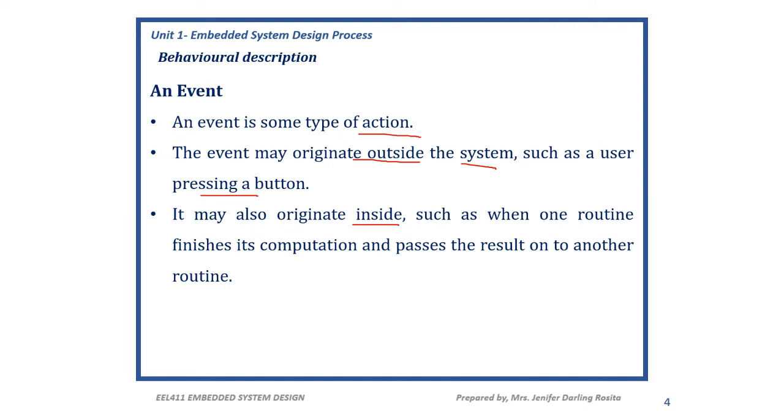After checking some kind of criteria for the first event, the microcontroller has a set of program codes to run the second event. After it completes the first event, it is going to check for the second event, right? So this happens when the event is running inside the design, which is unknown to the human being. Or you can say it is not initiated, this event is not initiated by a user pressing a button.